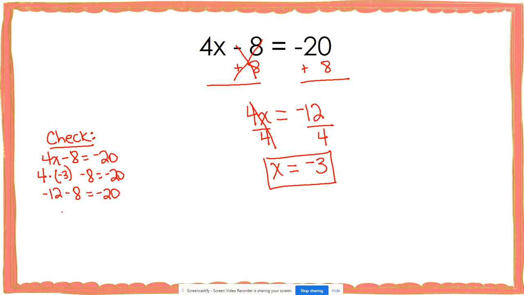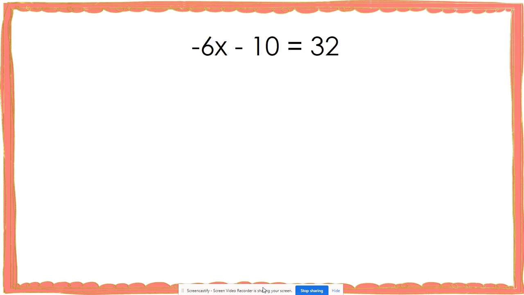And negative 12 minus negative 8 gives me negative 20. So since I'm left with a balanced equation over here, that means that my solution of x equals negative 3 is correct.